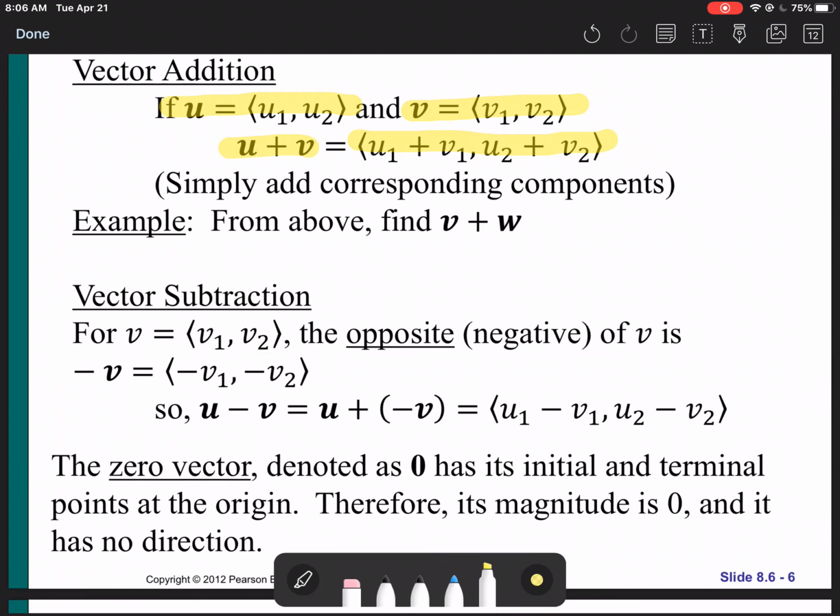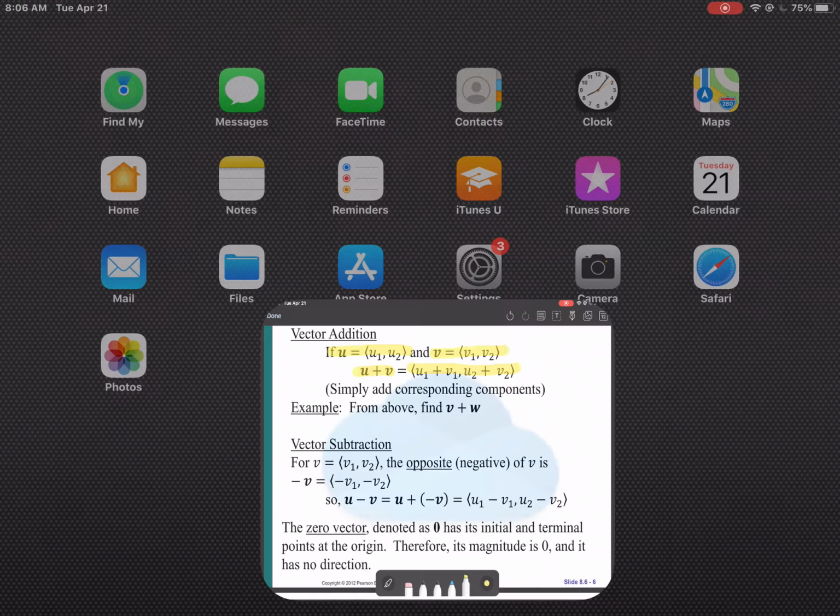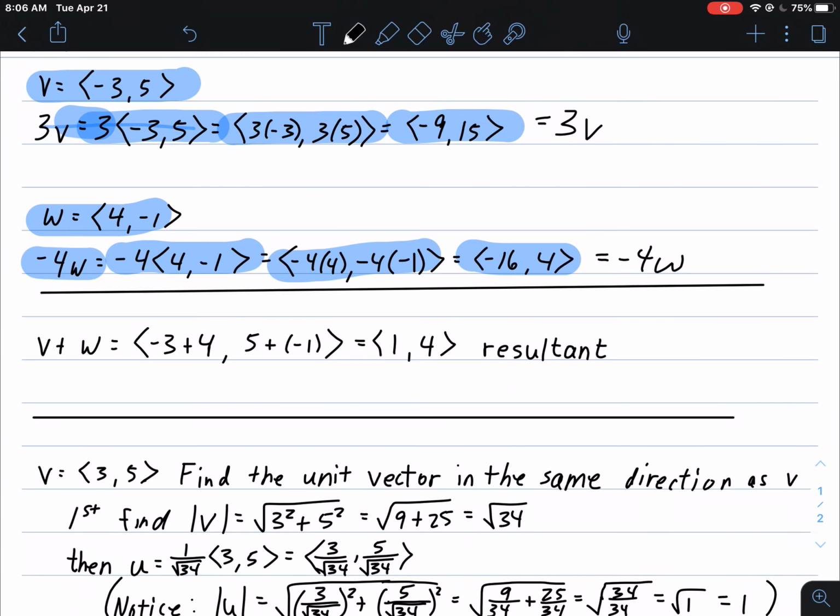So for example, from above, if I take vectors v and w that we just worked with, and if I want to find the resultant, remember that's our resultant vector. When we're looking for v plus w, then again, I'm just going to add the corresponding components.